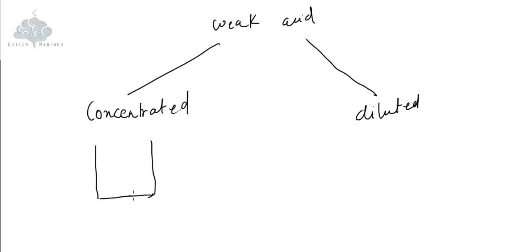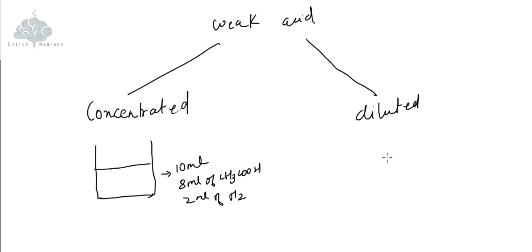So when I talk about weak or strong acids, I'm talking about the property of the acid, and when I talk about concentrated or dilute, I'm talking about how much water is added to it. The same goes for this: a concentrated weak acid means that in 10 ml of solution, I have taken 8 ml of CH3COOH, that is your weak acid, and 2 ml of water.